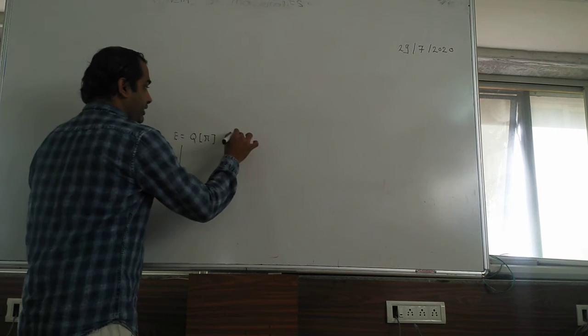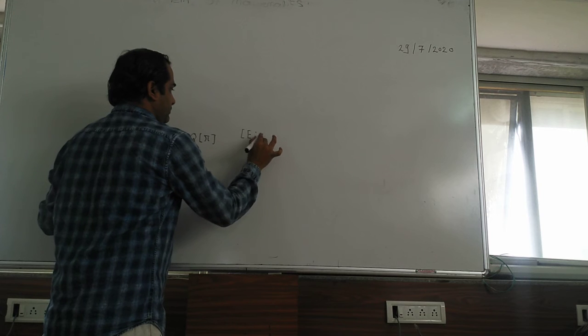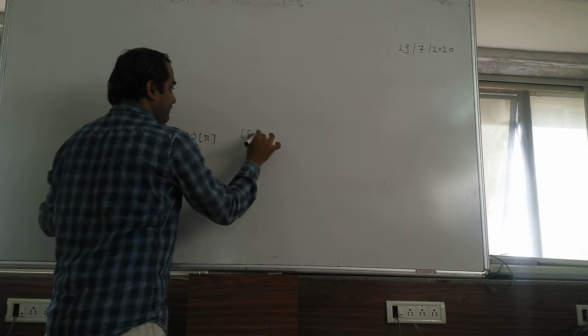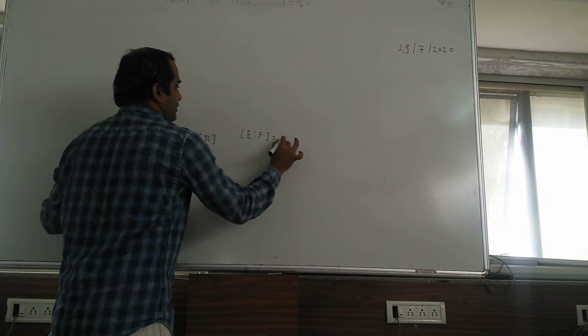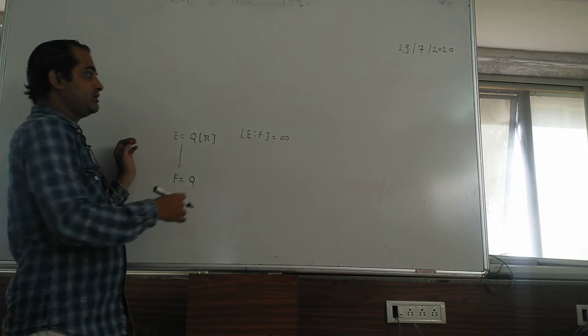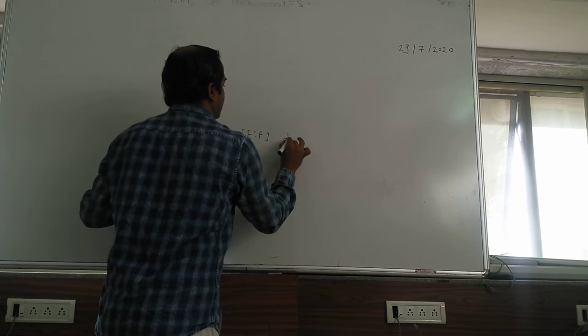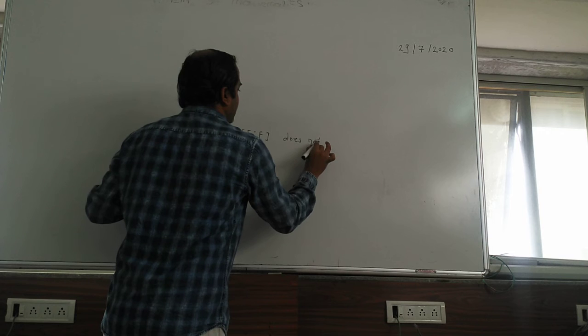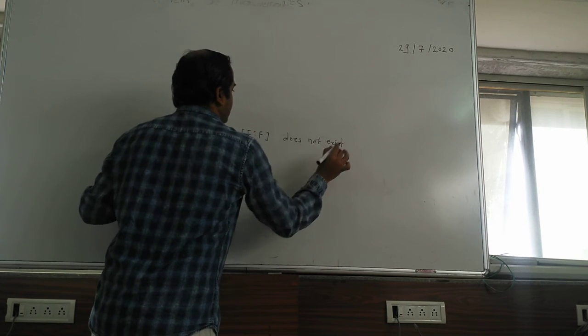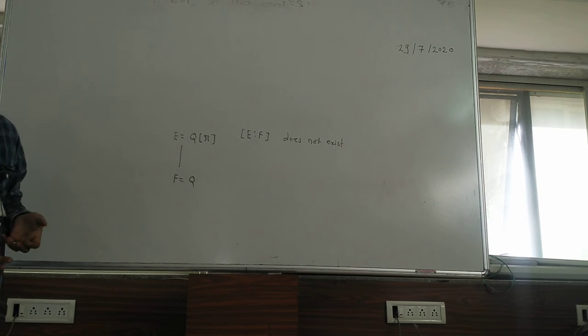So the degree of extension E over Q, that is F, is infinity or does not exist. Don't say infinity; we will write does not exist, in the sense that it is not finite.